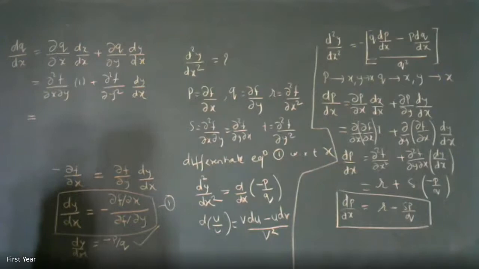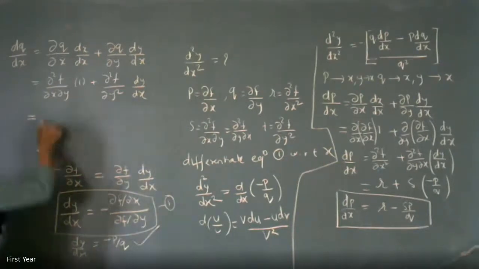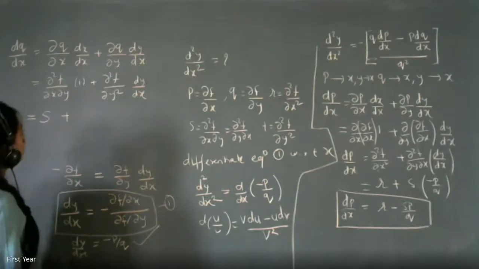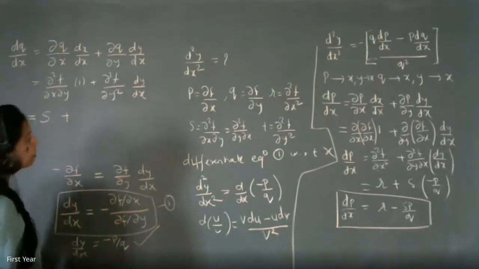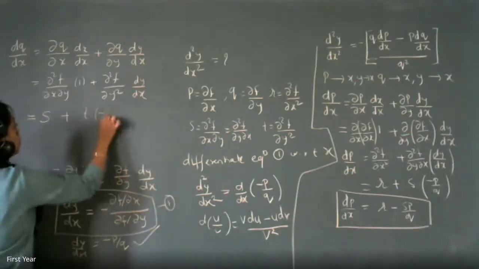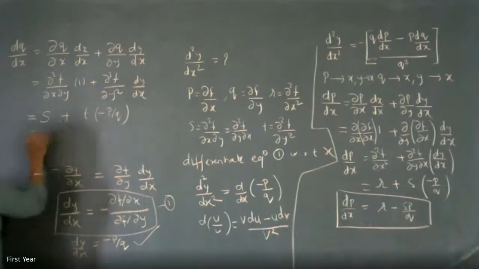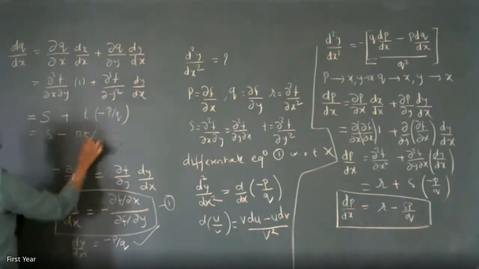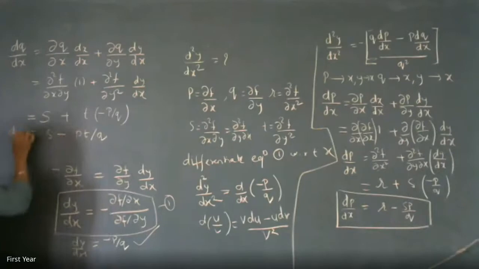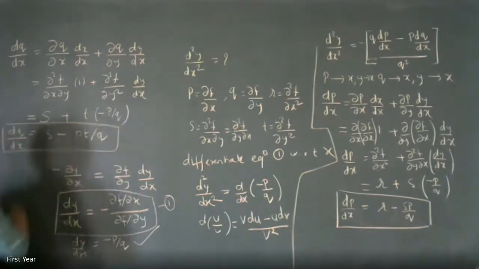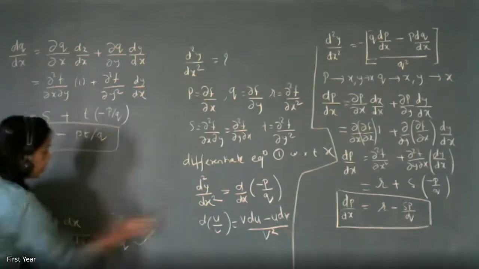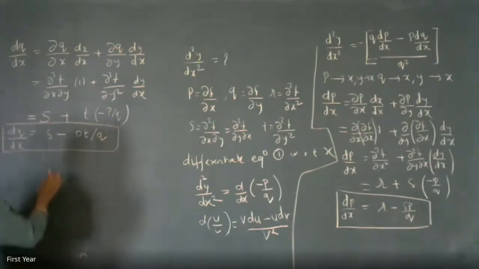What is delta square f by delta x delta y? It is s. Plus delta square f by delta y square is t into minus p by q. And therefore this is (s minus pt upon q) for dq by dx. Okay, and therefore what will be d2y by dx square?